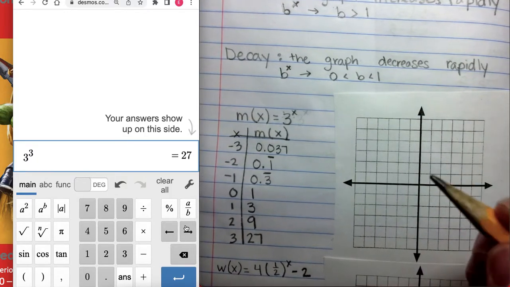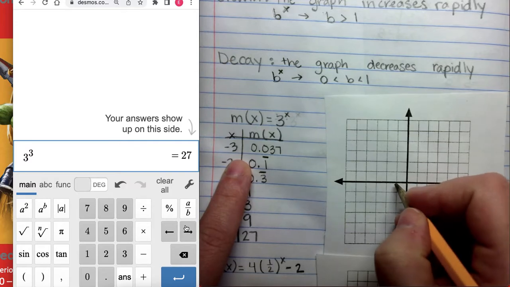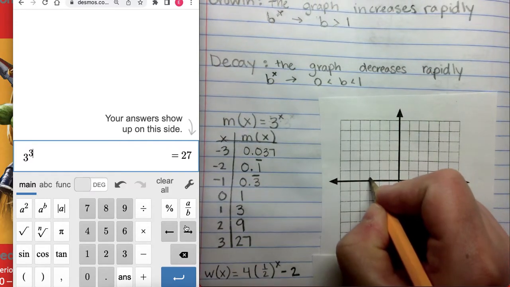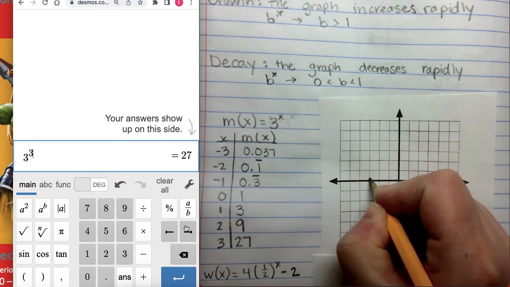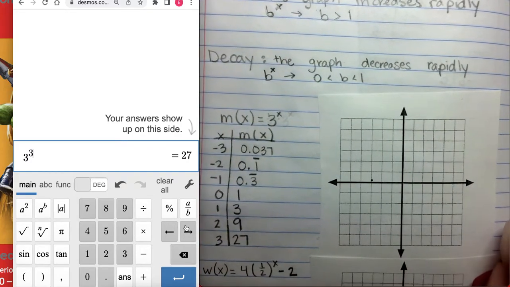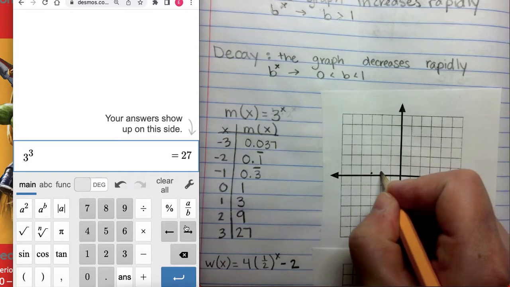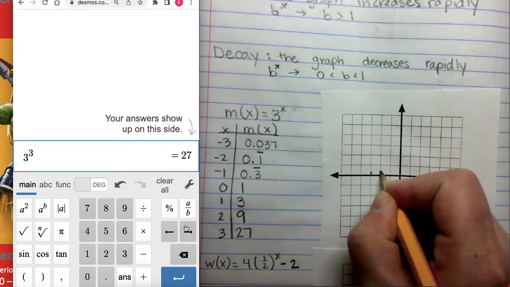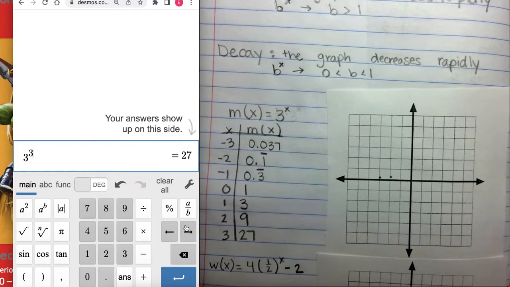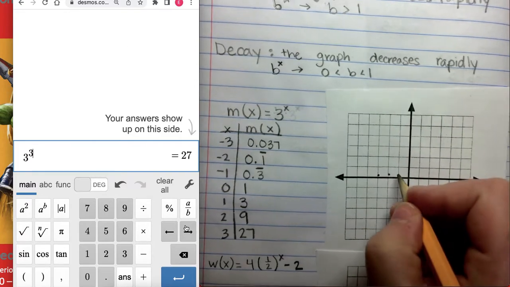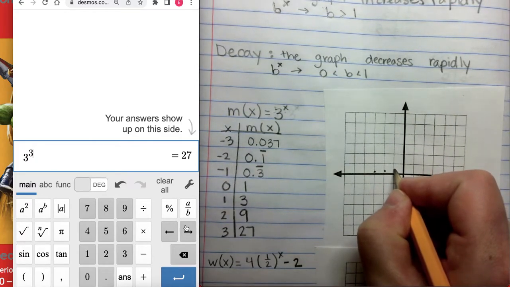We have -3, 0.037. So just barely above that x-axis. -2, 0.1. So again, just barely above that x-axis, a little bit higher, but not much. Same thing here, it's just barely above.